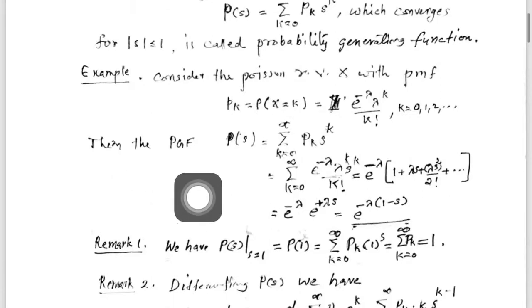And you can find the PGF, which is P of s equal to summation over k equal to 0 to infinity p_k s to the power of k.